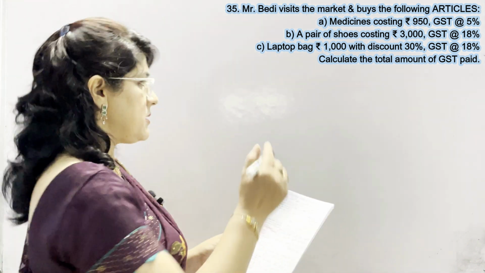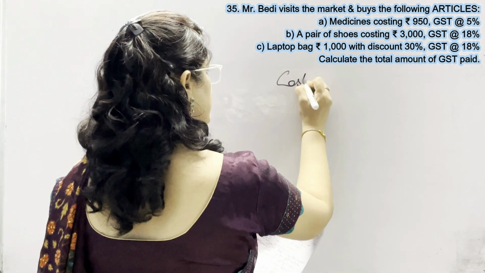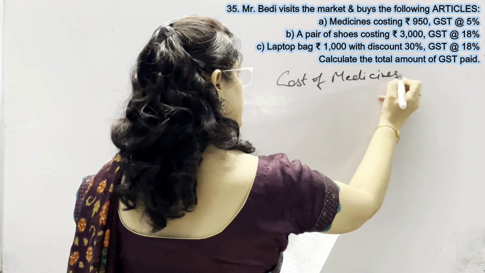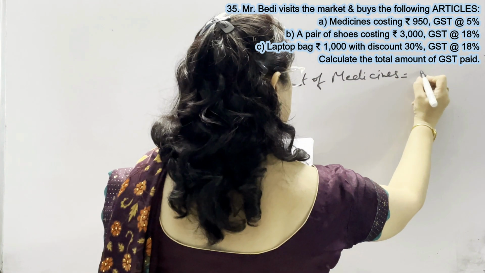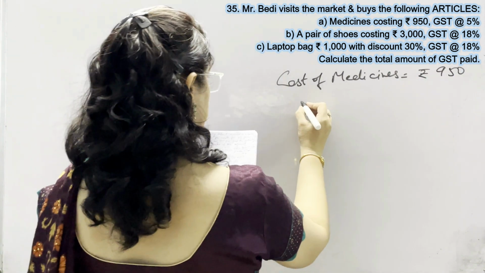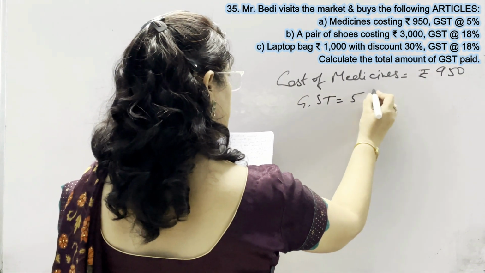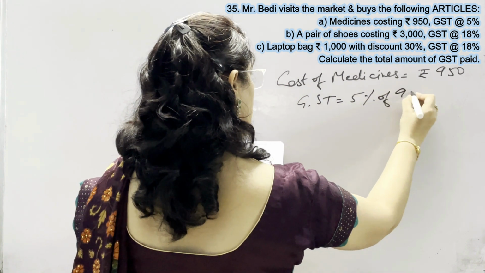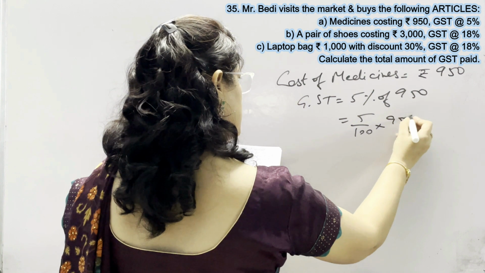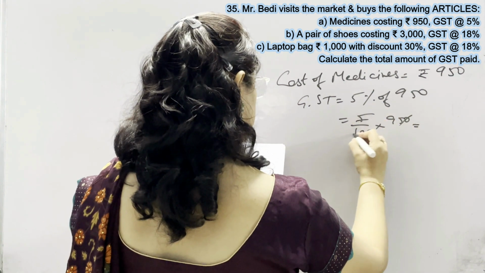So cost of medicines is rupees 950. Rate of GST is 5%. So amount of GST paid is 5% of 950. It means 5 upon 100 into 950.